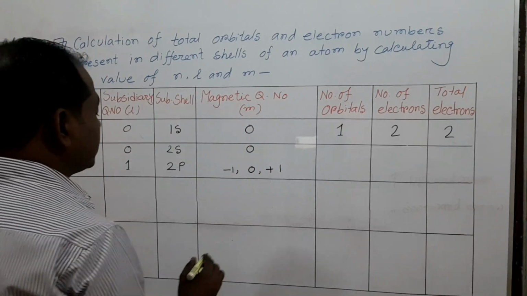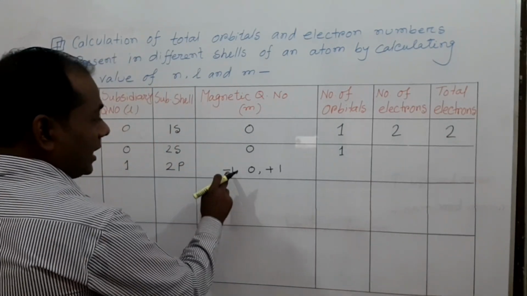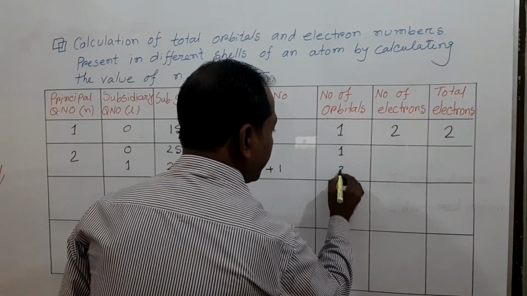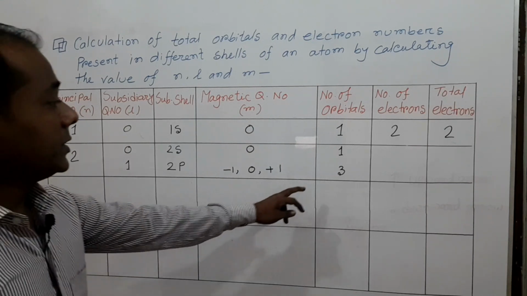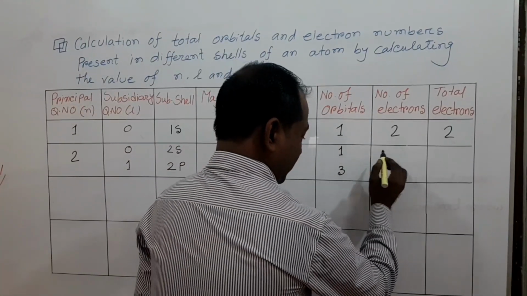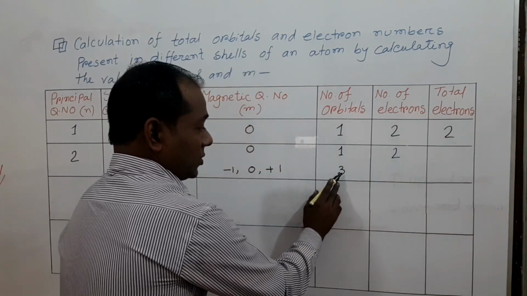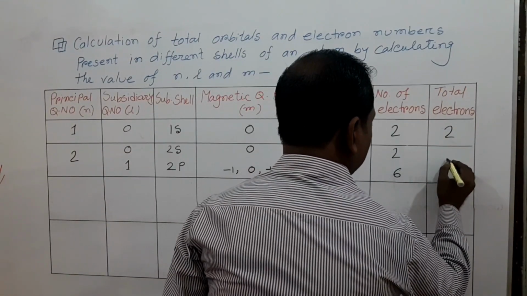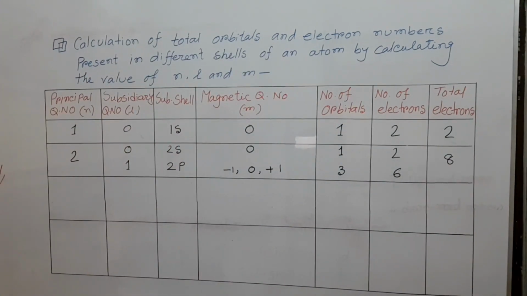So number of orbitals present for 0, here we get 1 orbital, and here the orientation of orbital equal to 1, 2, 3, so we get 3 orbital here. So the total number of orbitals present in second shell equal to 4, and for this orbital we get 2 electron, and for the value of 3 we get 6 electron, and total number of electron present in second shell is 8.